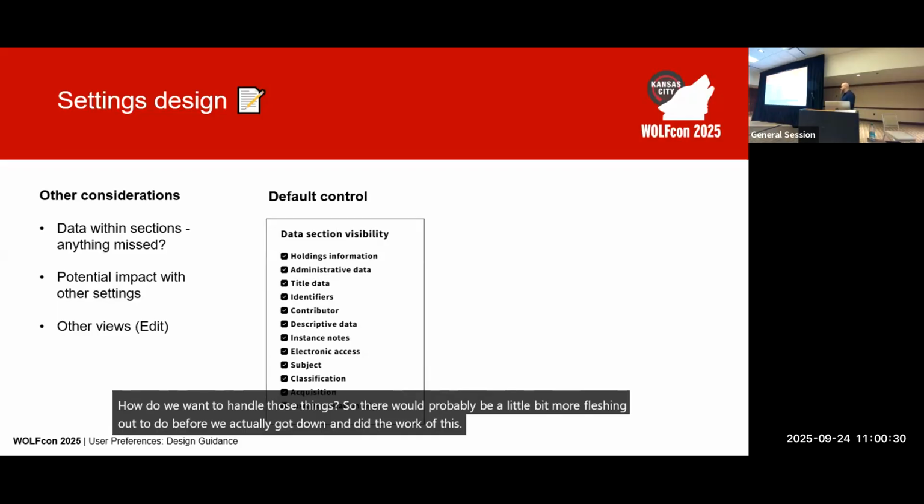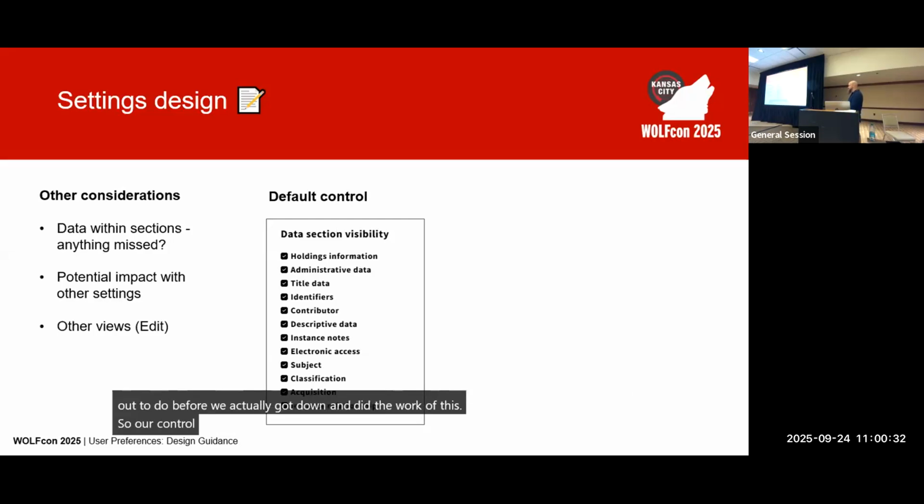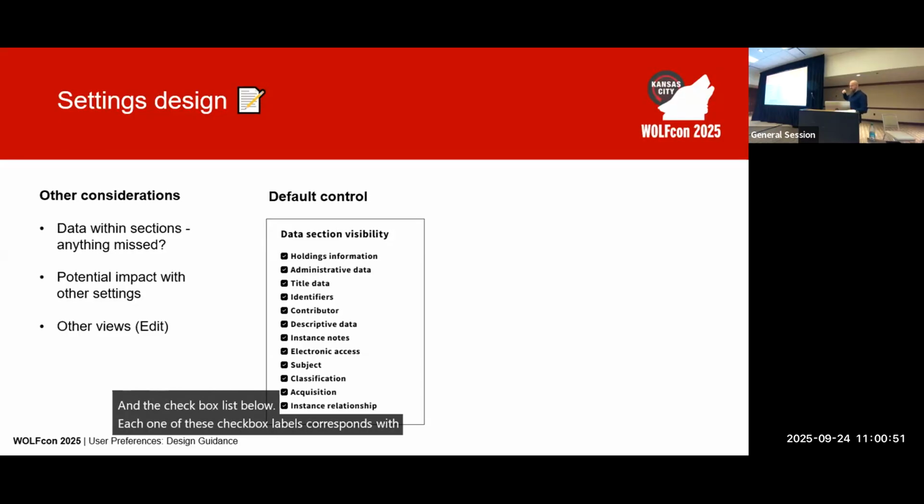So our control solution, cooking show version: the checkbox list. You can see we've got the obvious labeling, data section visibility, and the checkbox list below. Each one of these checkbox labels corresponds with one of the accordions on that instance detail page.